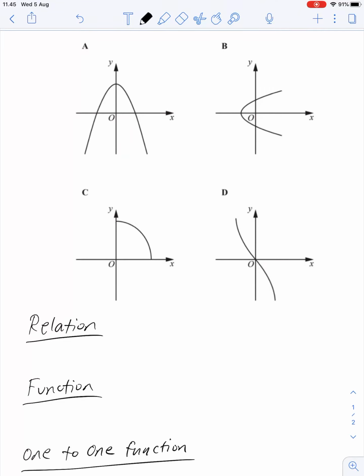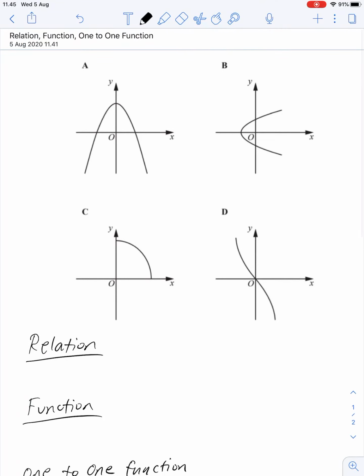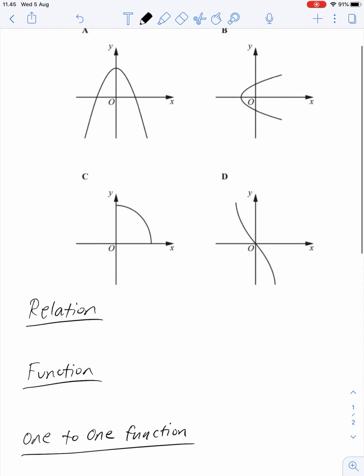All right, we're going to talk about relations, functions, and a one-to-one function. A relation is just like you would think about it. You have a relationship with someone. You can have a relationship between anything, like a relationship between temperature and the air conditioning in the room. So it's just a relation between two variables.